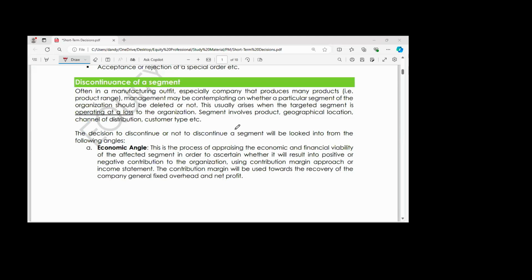Not only that, we also said that marginal costing concept is also known as cost-benefit analysis, because management may want to know whether the benefits arising from a particular course of action will outweigh the associated cost.